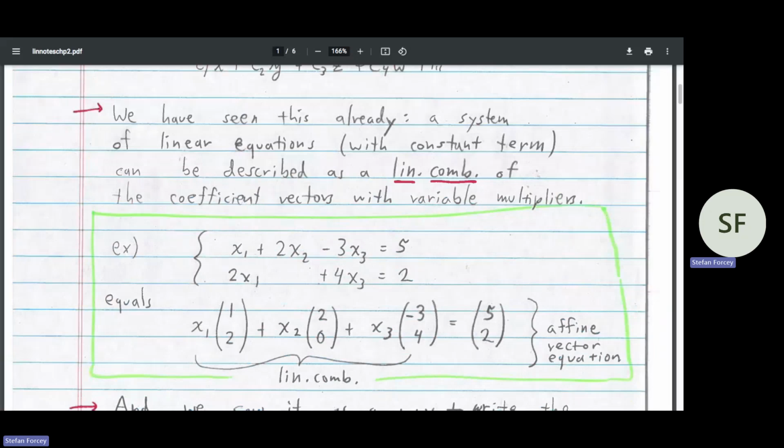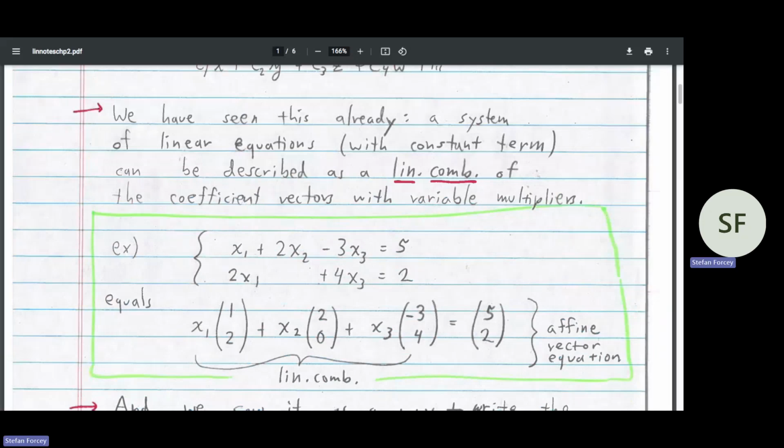Like if you have this system x1 plus 2x2 minus 3x3 equals 5, then 2x1 plus 4x3 equals 2, then the system is x1 times the vector of coefficients 1, 2, plus x2 times the vector of coefficients 2, 0, since there's no x2 in the second equation there, and x3 times the vector -3, 4, and it equals the vector 5, 2.